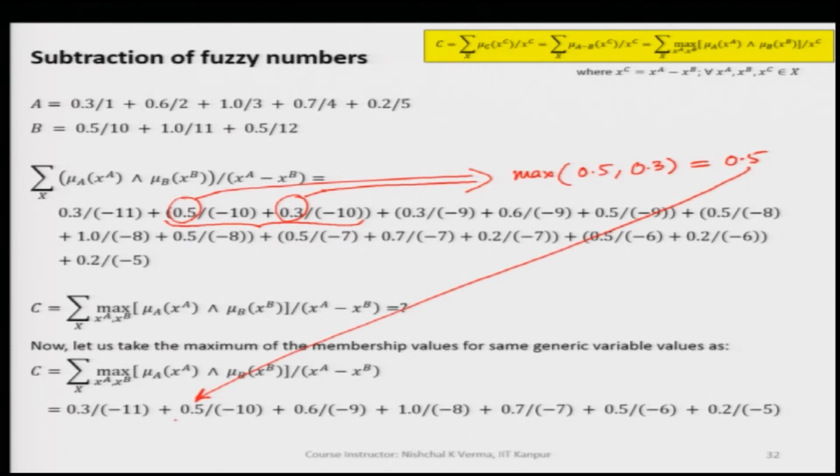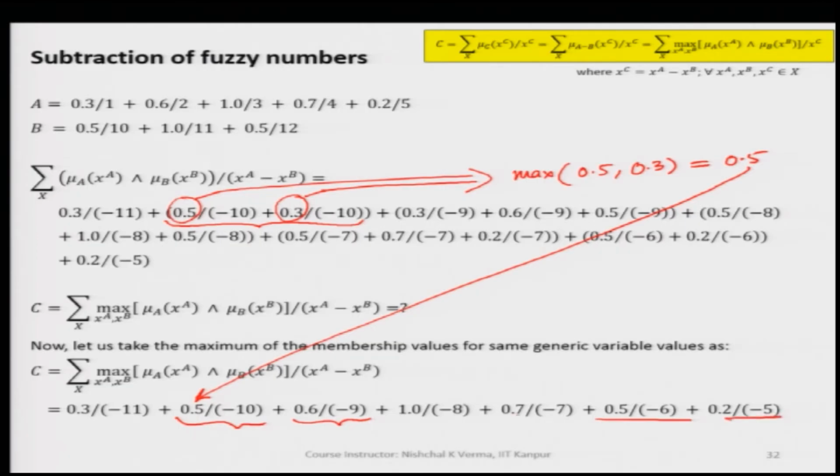And on the same lines we are obtaining all these terms. Corresponding to minus 9 we are getting 0.6, minus 8 we are getting 1, minus 7 we are getting 0.7, minus 6 we are getting 0.5, minus 5 we are getting 0.2.